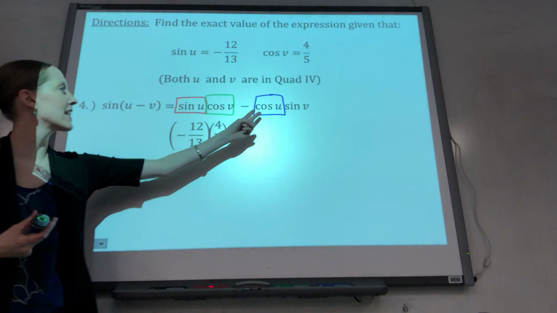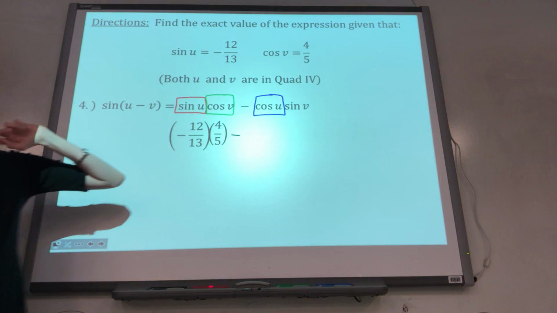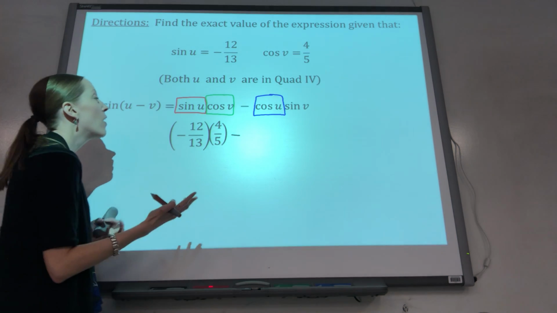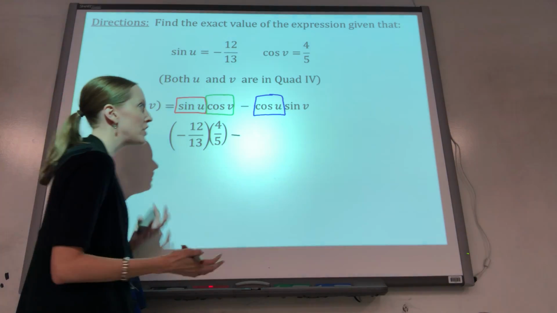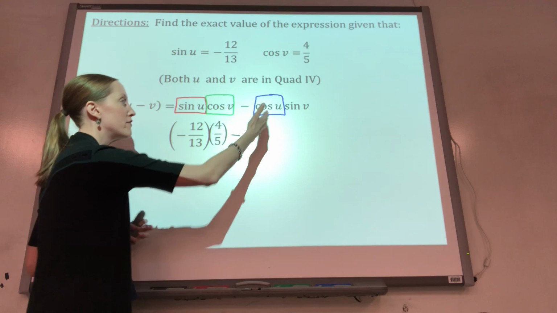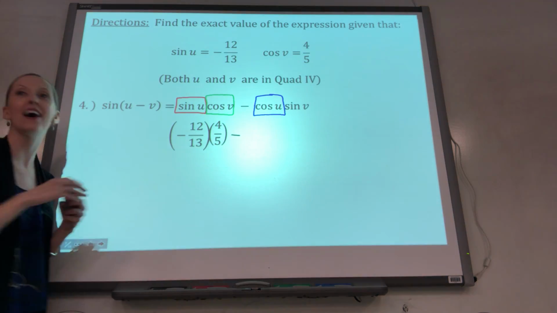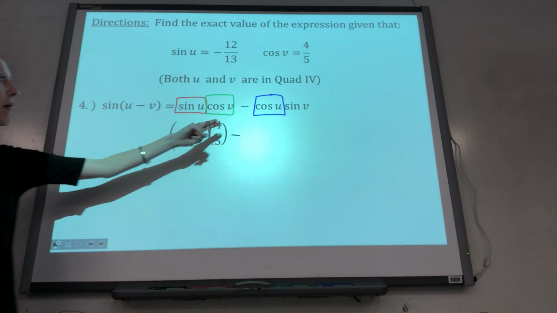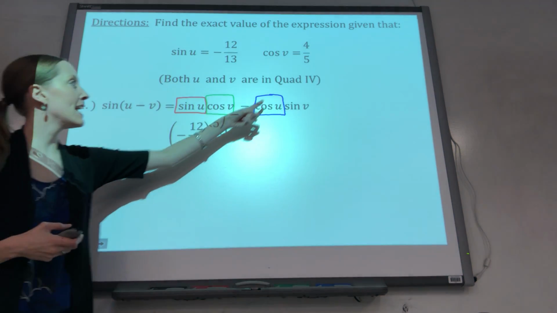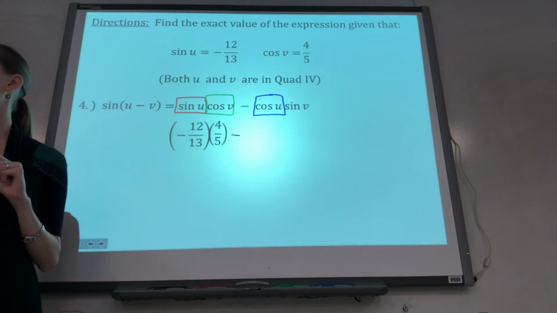But hang on a second. Did they give us cosine of u? No, bummer. We don't know cosine of u. So let's think about how we could find cosine of u. Remember, u is just some angle in quadrant 4.